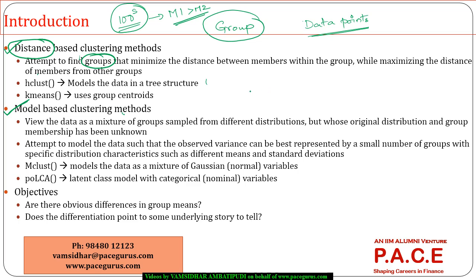wherein the objective is, when I am talking about the different groups, the groups are created in such a way that the distance between the members within the group should be as minimum as possible, should be minimized, whereas the distance between the members across the groups should be maximized.